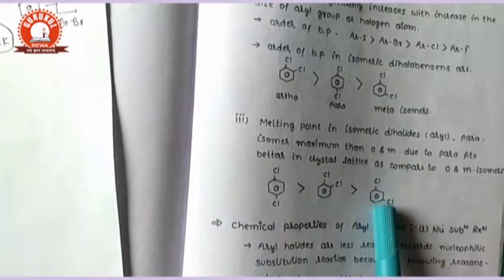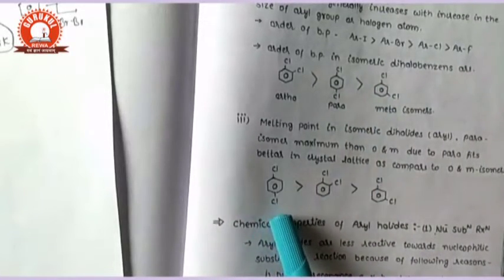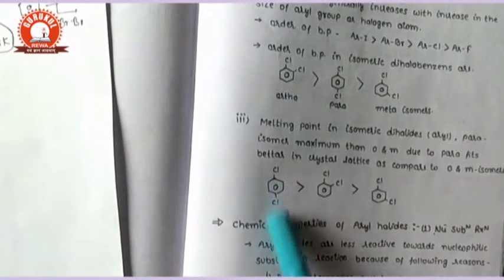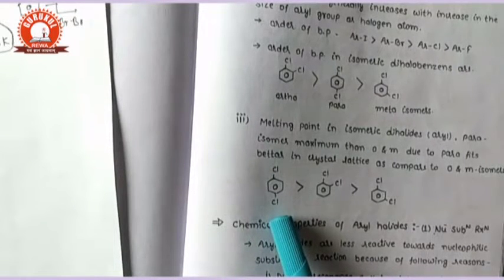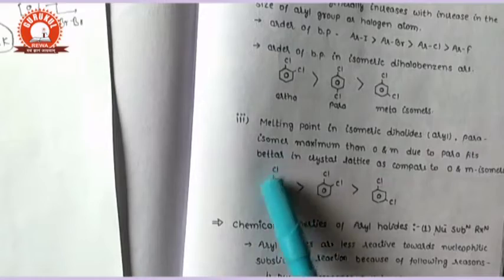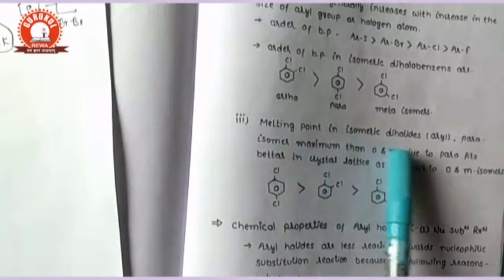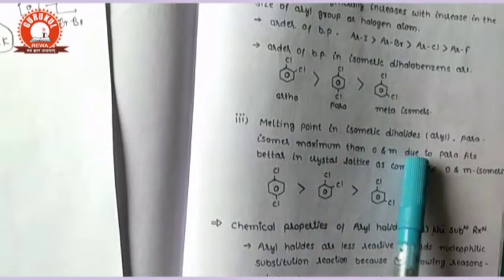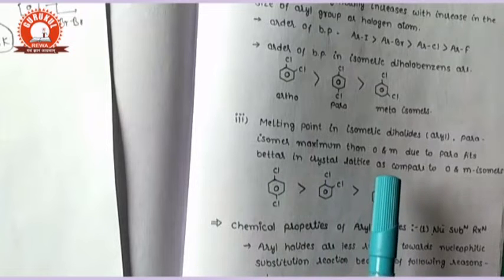As we know, meta has less activity, so in both cases the meta has the least. Chlorine also has greater electronegativity as compared to the other compounds, so they can form intermolecular bonding, and breaking this bonding increases the melting point of the isomeric dihalides. Clear? So these are the physical properties, and the next part is chemical properties.